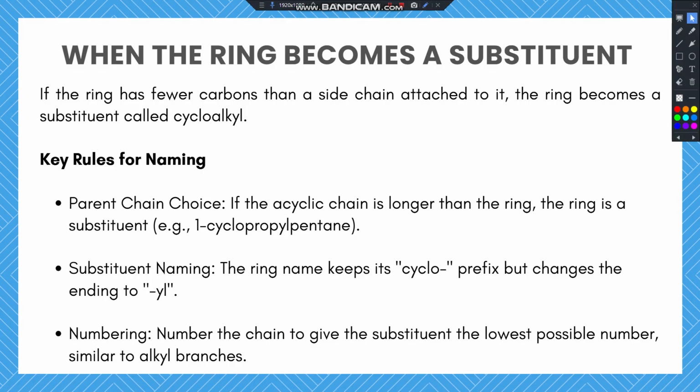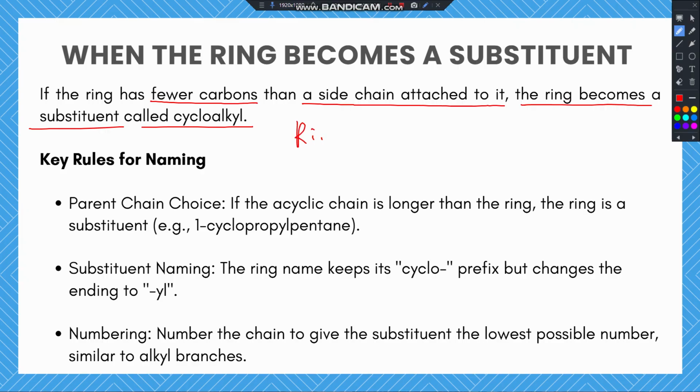So now, another scenario that may play out is, is it possible for the ring to become a branch instead of the main structure? My answer to that is an emphatic yes, it is possible. If the ring structure has fewer carbon atoms than a side chain attached to it, then that ring becomes a substituent called cycloalkyl. Let me explain.